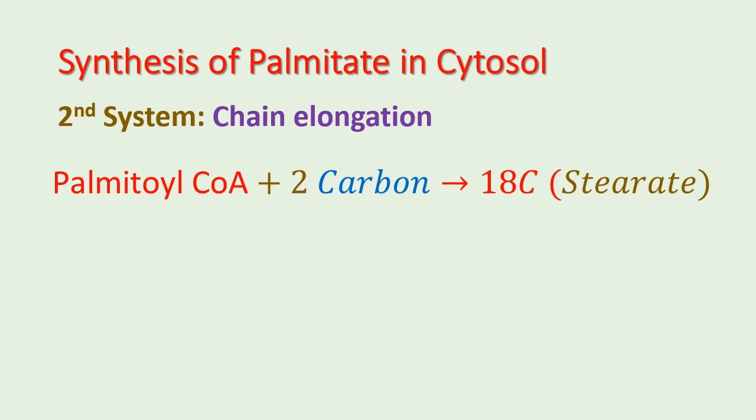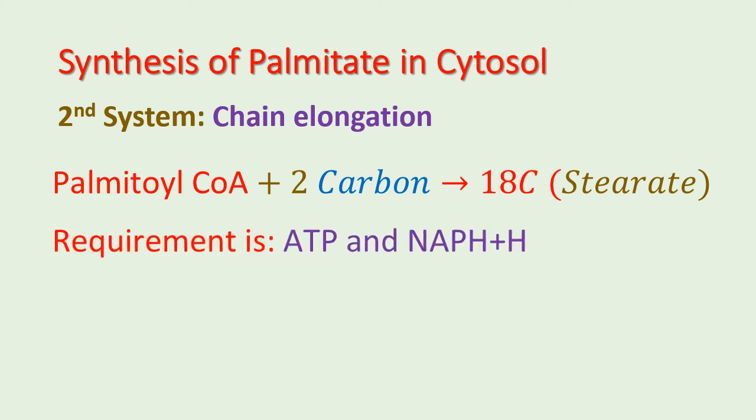In the second system, considered as chain elongation or the synthesis of long chain fatty acid, the palmityl-CoA combines with 2 carbon atoms, resulting in the production of stearic acid or stearate, an 18-carbon fatty acid. These chain elongation steps require ATP and reducing equivalent in the form of NADPH.